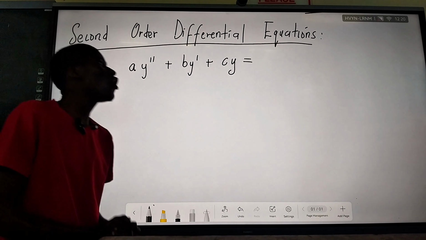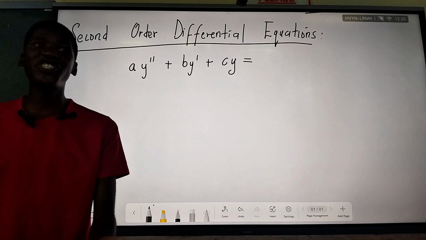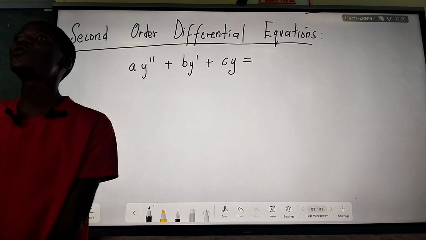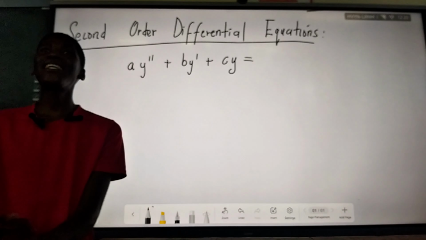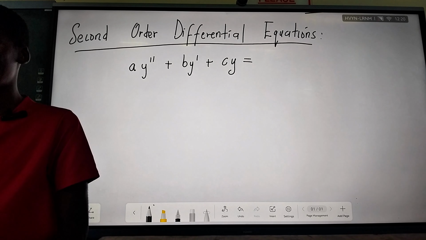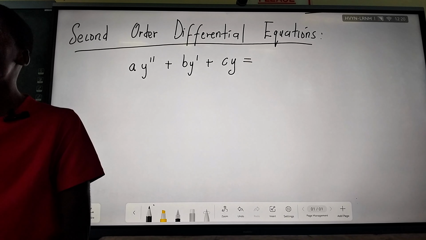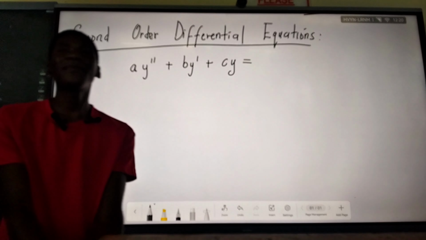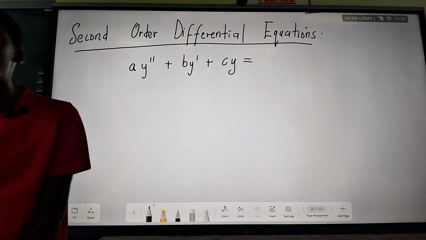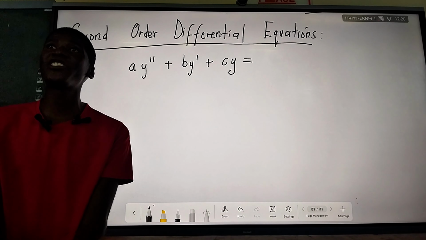Second order differential equations can be of two types: homogeneous or non-homogeneous. How do you determine whether your equation is homogeneous or non-homogeneous?